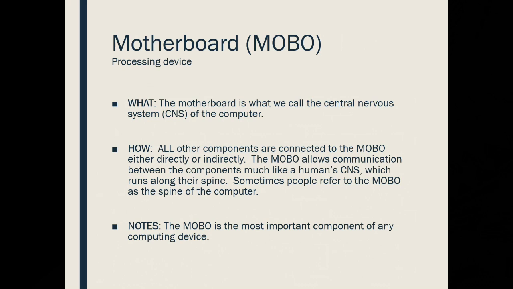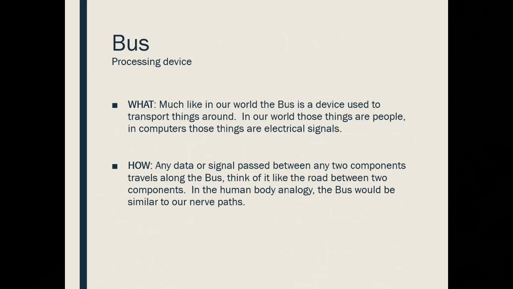So for example, a hard drive is connected using a cable, whereas a graphics card is plugged in directly into the board itself. So the MOBO is by far the most important component of any computing device, because it's what brings everything together. It allows communication between all the different devices.